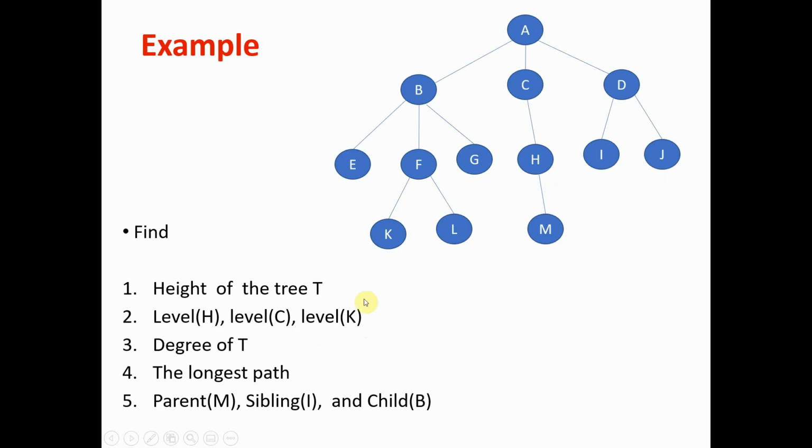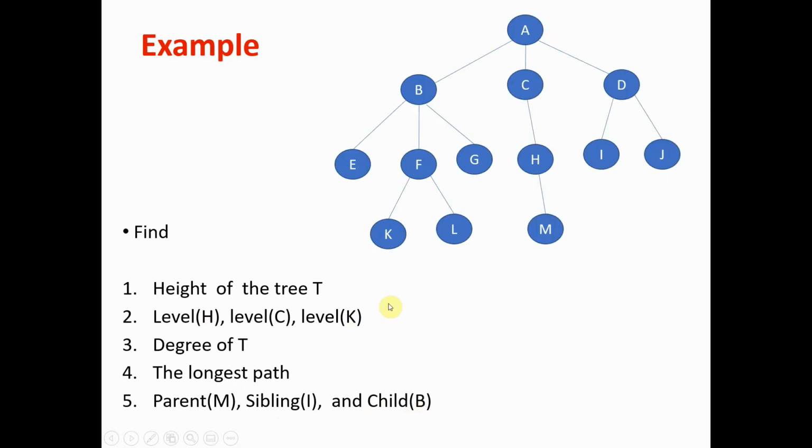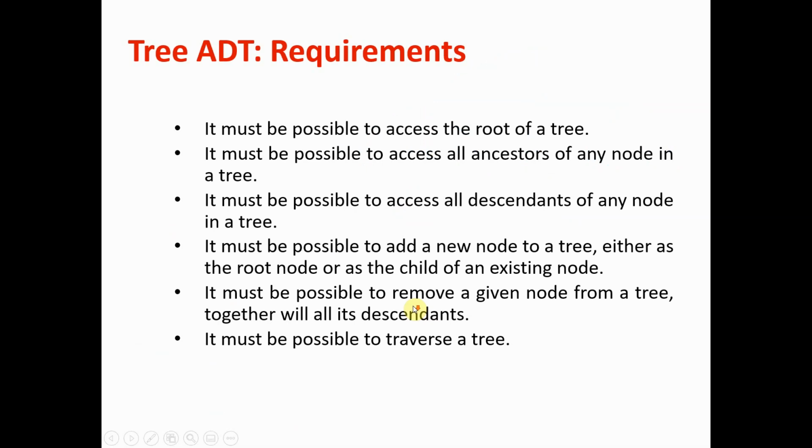Another example that I have, I want you to find the height of the tree, the level of different nodes, degree of different nodes, the longest path, parents of different nodes, and their siblings and their children. You just go through them and find all of these asked variables.